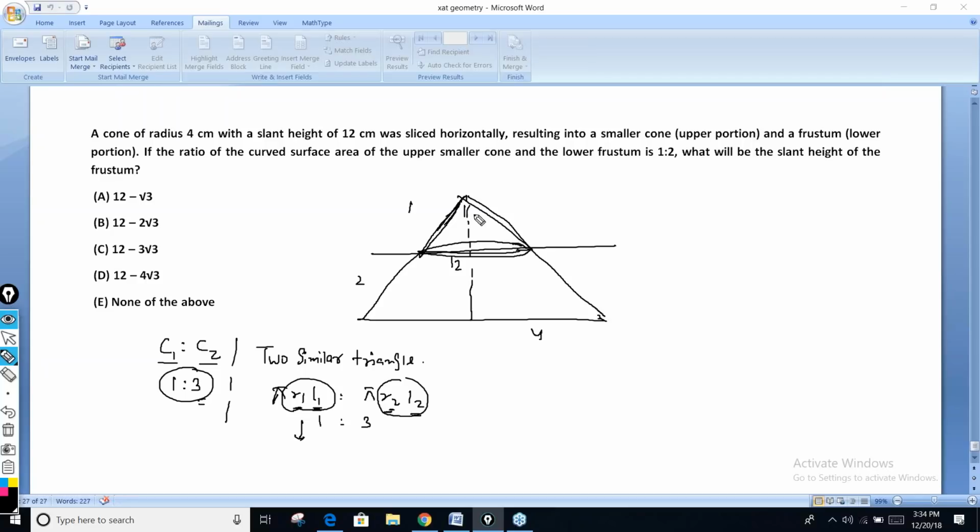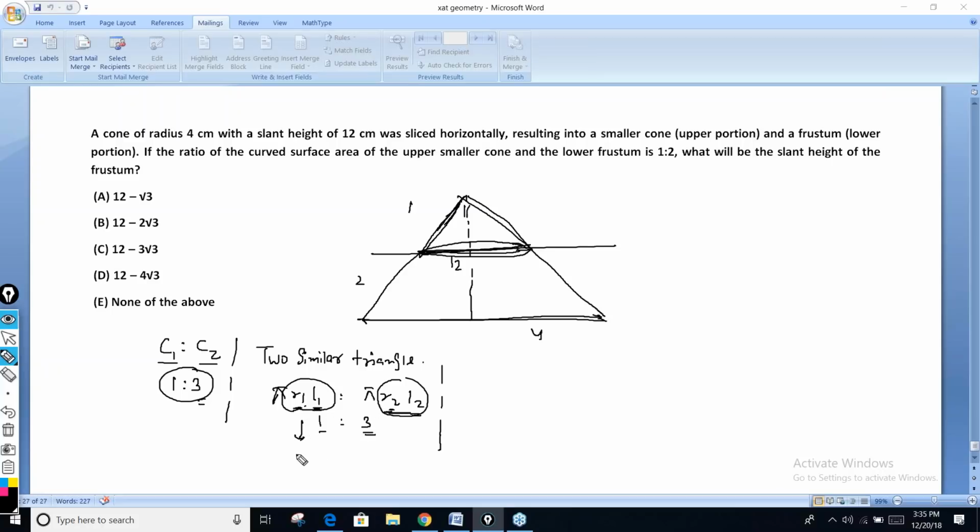So can I say it will be treated as this radius and this radius? The radius is squared, I can take it. What will be the slant height of the frustum? Because this results in a 3, both of them will be root 3.